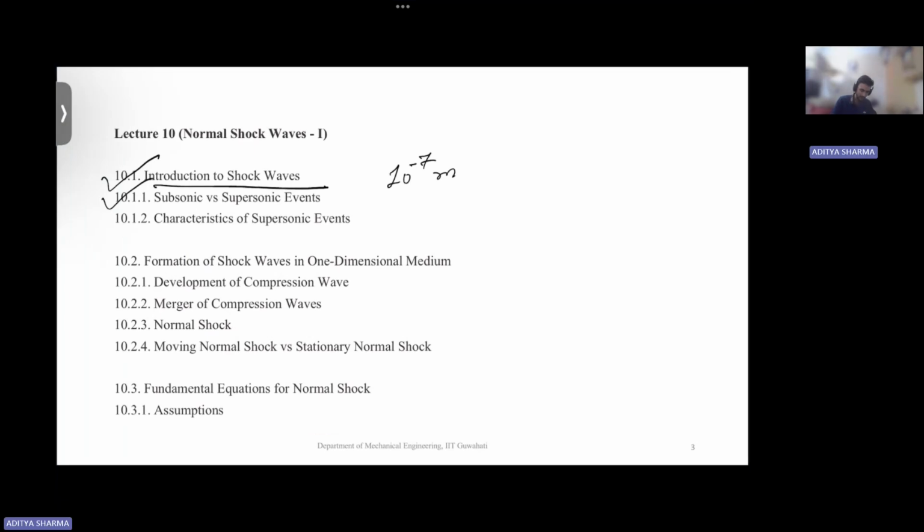Then subsonic versus supersonic events. This has been discussed in one of the previous lectures also: how the acoustic wave moves and how the body that is producing this disturbance moves, and how the scenario looks.